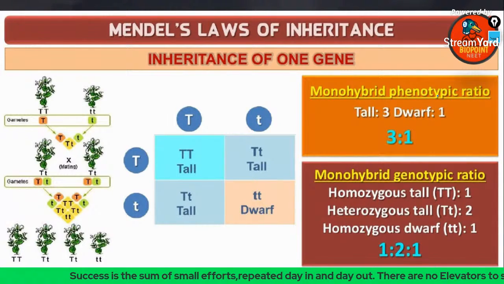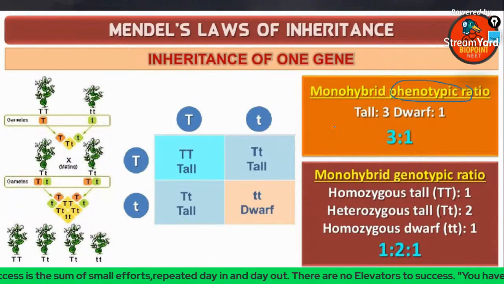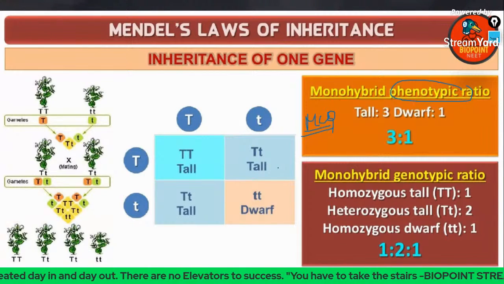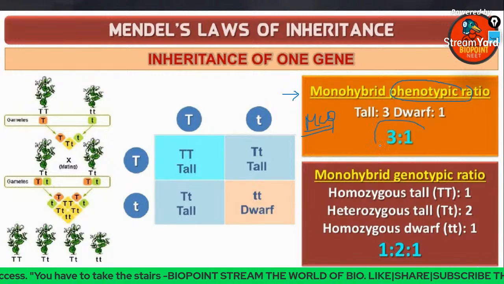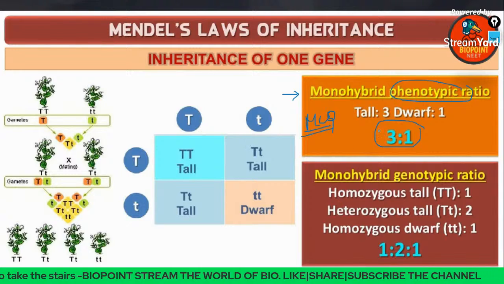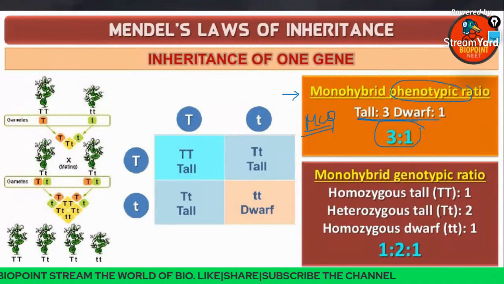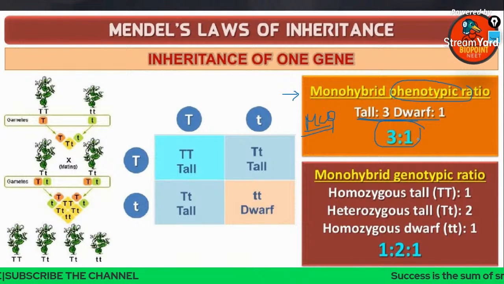Learn this point by heart: monohybrid phenotypic ratio. This is a previous year MCQ question, a direct MCQ, but now we are not expecting this kind of question because it was such a direct question a few years back. It is 3:1. 3 is tall and 1 is dwarf.